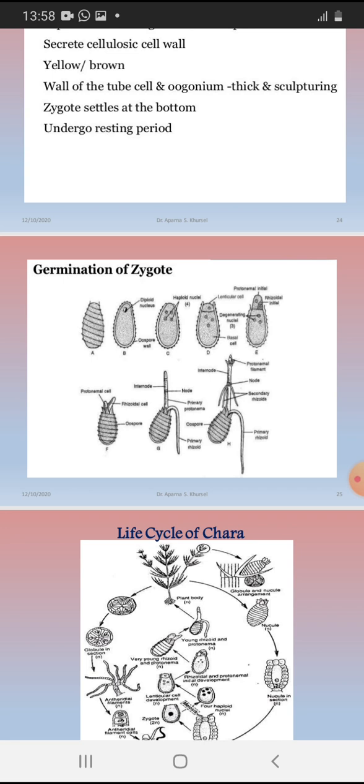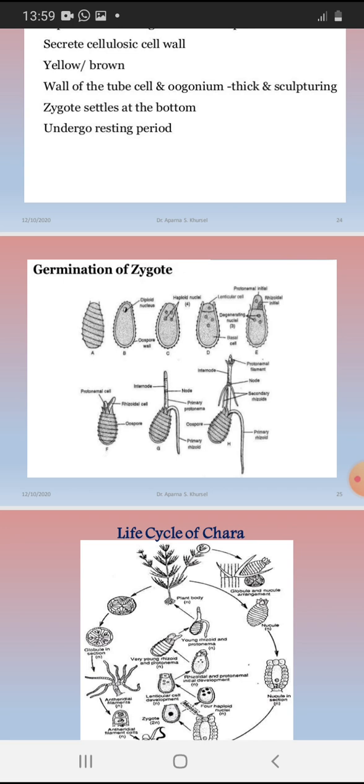The rhizoidal initial grows towards the base, whereas the primary protonema, which is a tube-like structure, grows upward.